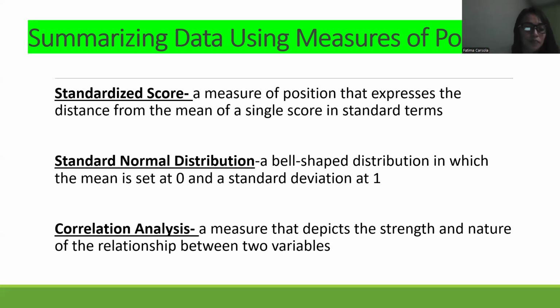We have here summarizing scores using measures of relationship. The correlation analysis should be under summarizing scores using measures of relationship. The correlation analysis is a measure that depicts the strength of the correlation between two variables, and it examines the values of two variables in relation to each other.